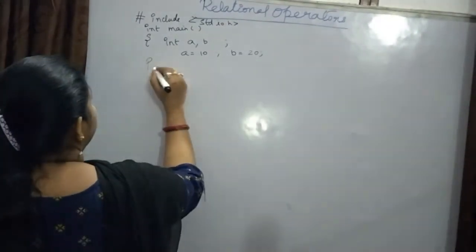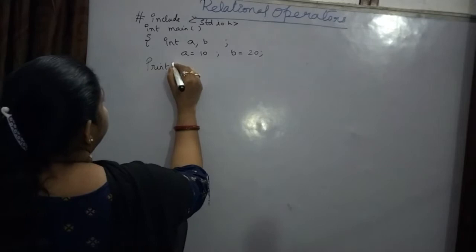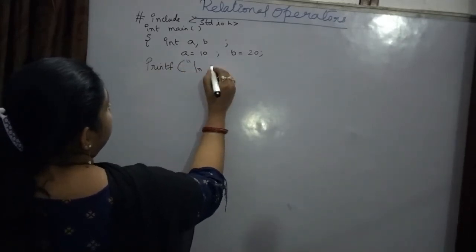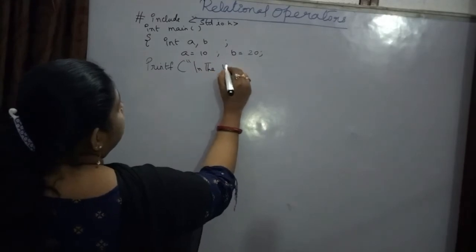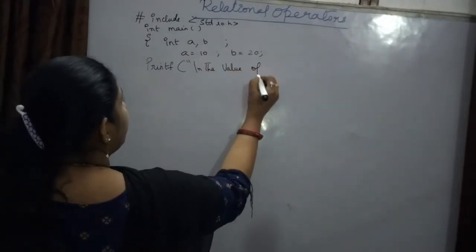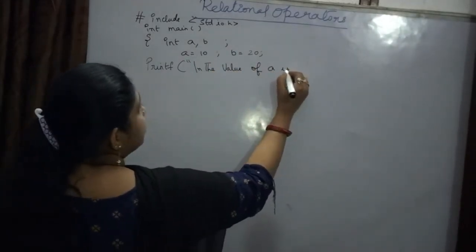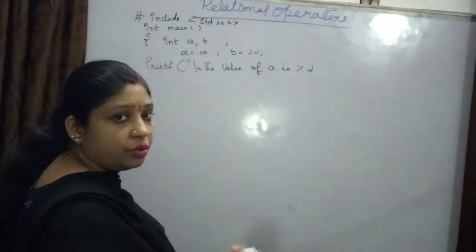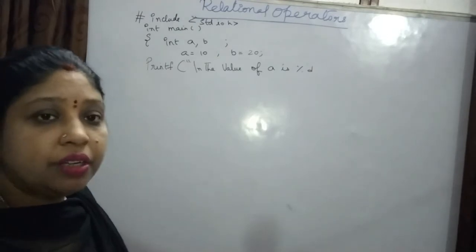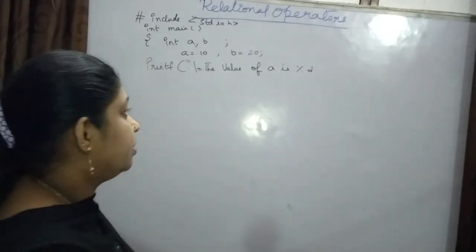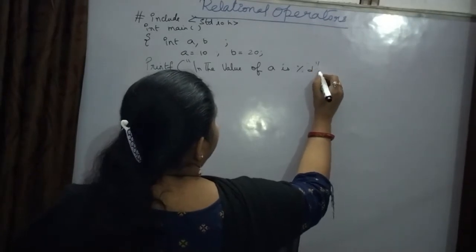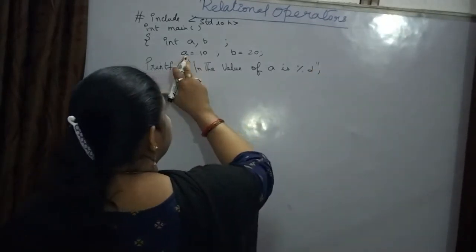To print the values you have to write printf, open the braces, \n, the value of A is %d. Why I am writing %d is already you know, because I want to print the numerical value of A. Next close it, comma, where is that value?